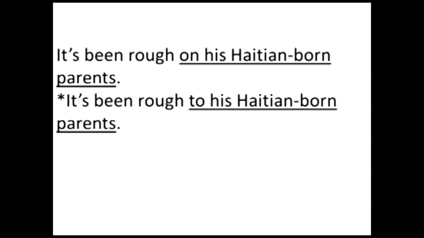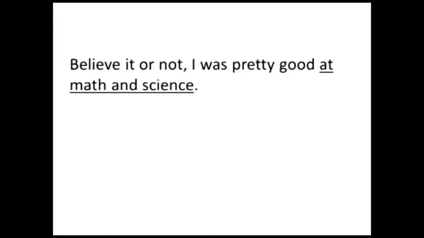Now, there are some adjectives that license more than one preposition, sometimes with different meanings and sometimes with pretty similar meanings. If we take good at, we can usually say good in and mean pretty much the same thing. Good at math, good in math, pretty much the same thing. Good for math is a different meaning. Also grammatical, right?